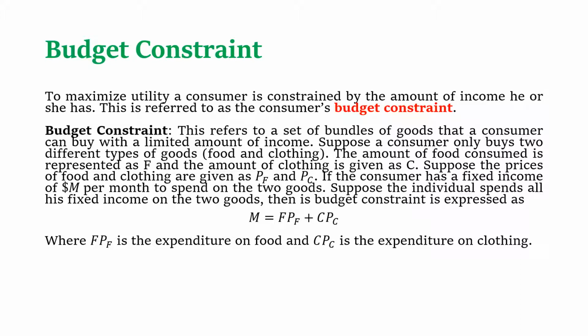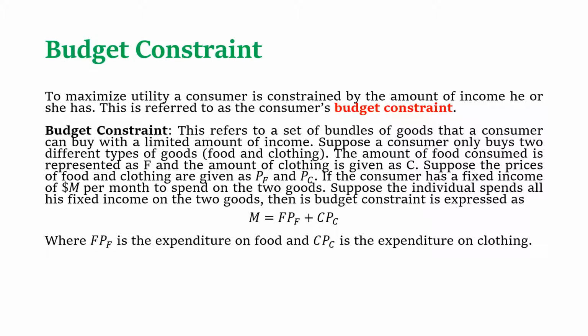He is constrained by his income. If, let's say, you earn maybe $100 per week, and you are going to spend it on food and clothing and nothing else, you have to allocate your resources so that you'll be able to spend that $100.